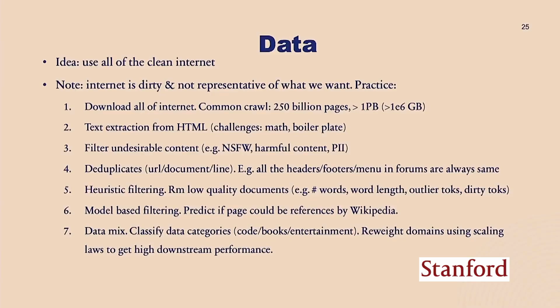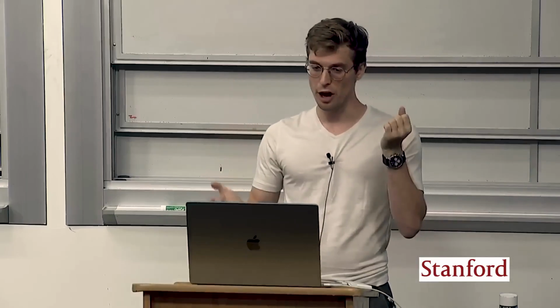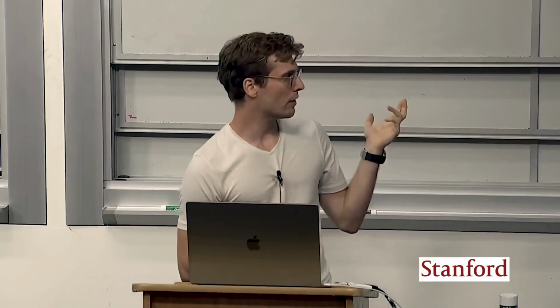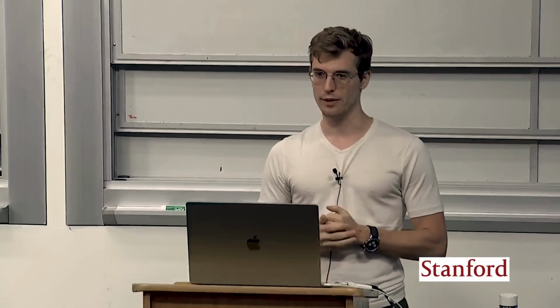Next one, you will try to classify your data into different domains. You will say, okay, this is entertainment, this is books, this is code, these types of domains. And then you will try to either up or down weight some of the domains. For example, you might see that if you train more on code, then your model becomes better on reasoning. That's something that people usually say in a very hand-wavy way.